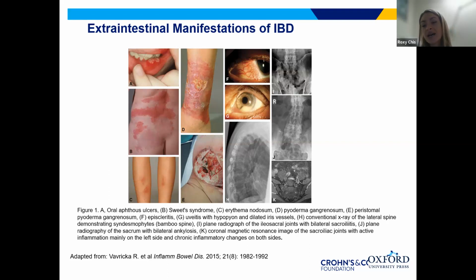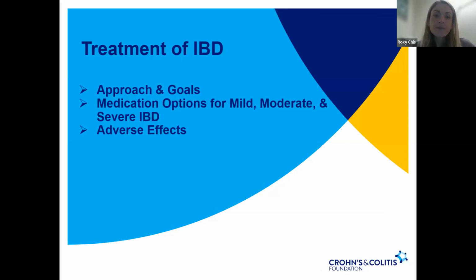So we can get involvement of joints, both the spinal joints, so the SI joints, but then also peripheral joints as well. Again, as soon as joints are involved, these patients do need our big guns. So let's chat a little bit about treatment.